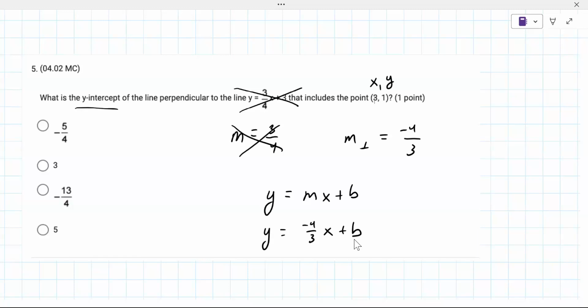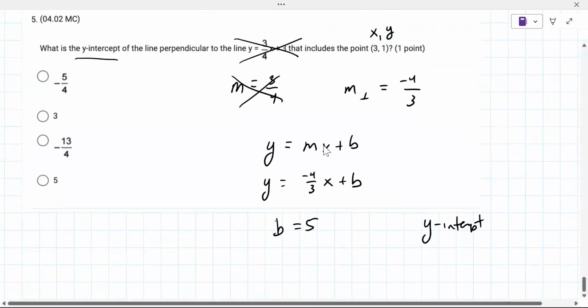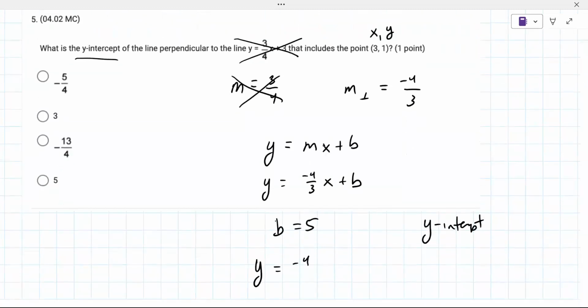B is 5. Good. Now b is the y-intercept, and that's what it's asking for. It's asking for the y-intercept. So in this case, it'd be number 4, not just 5.